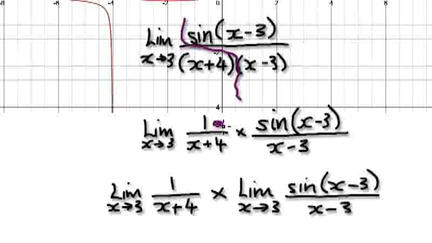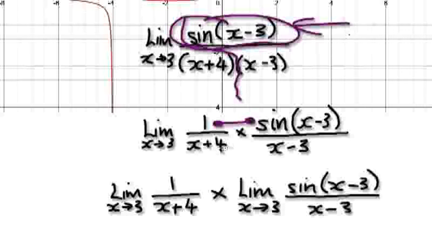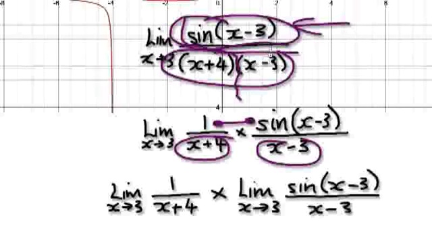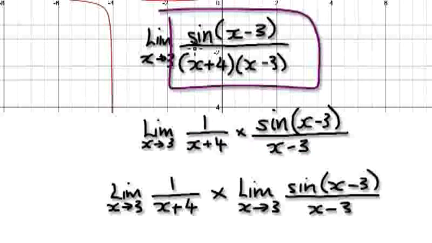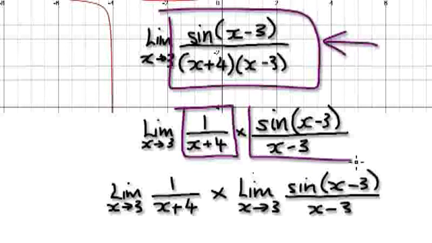Because when you get top times top, that will give you this thing here, and then bottom times bottom, that will give you this whole thing here. My point is that you break up this fraction into two separate fractions. So here you've got this times this, and now you can break the limit.